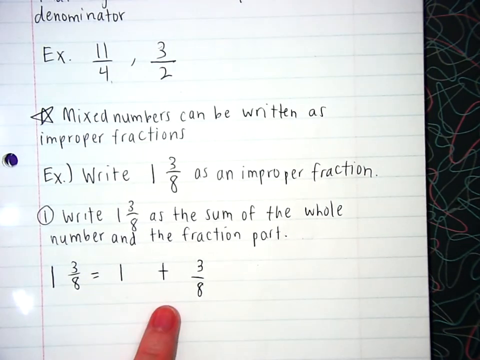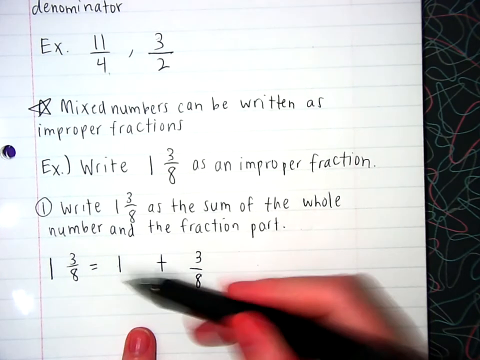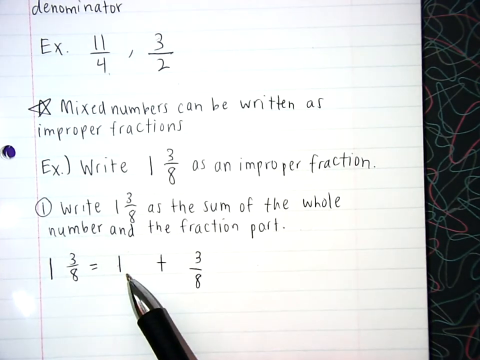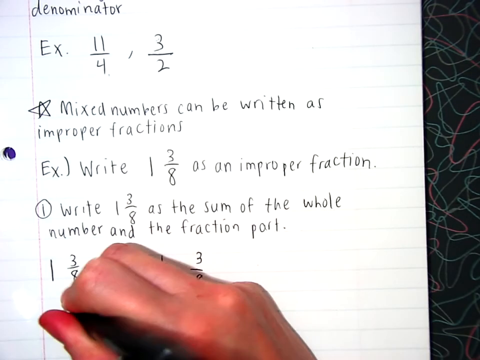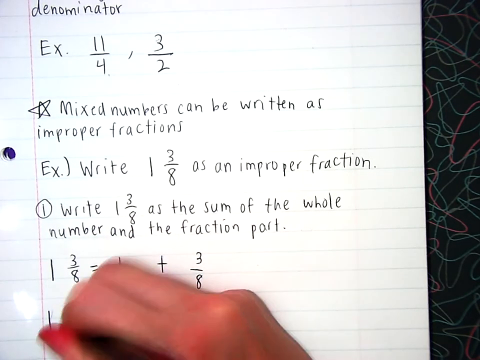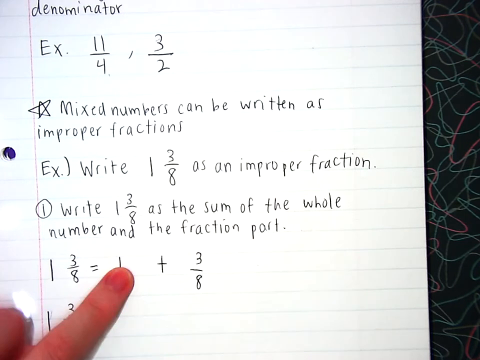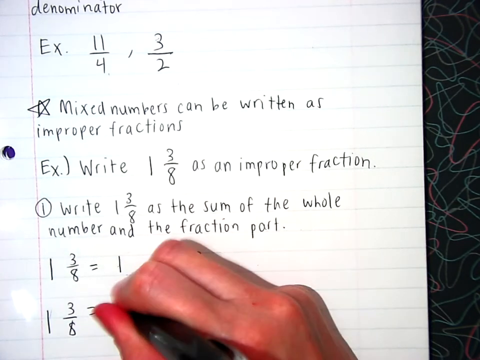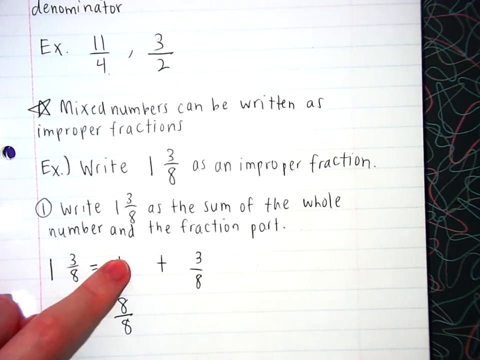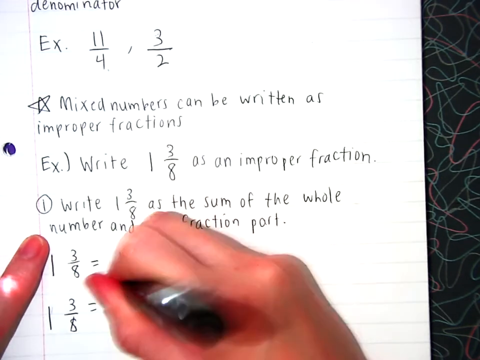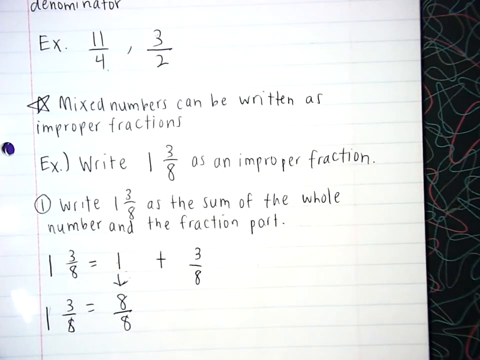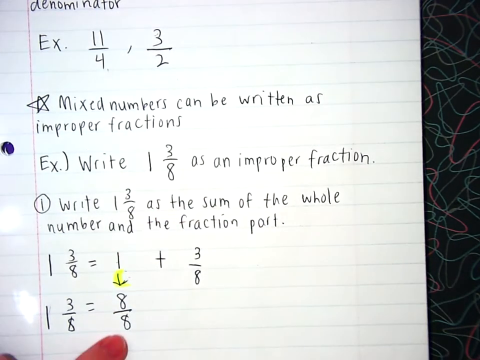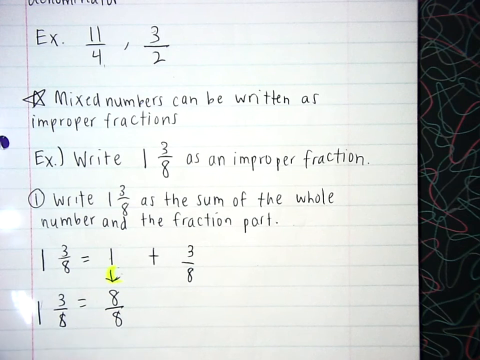But how did they get that 1? Well, if I look here, I know that there are 8 parts to it. So 8 over 8 was giving you that whole 1.